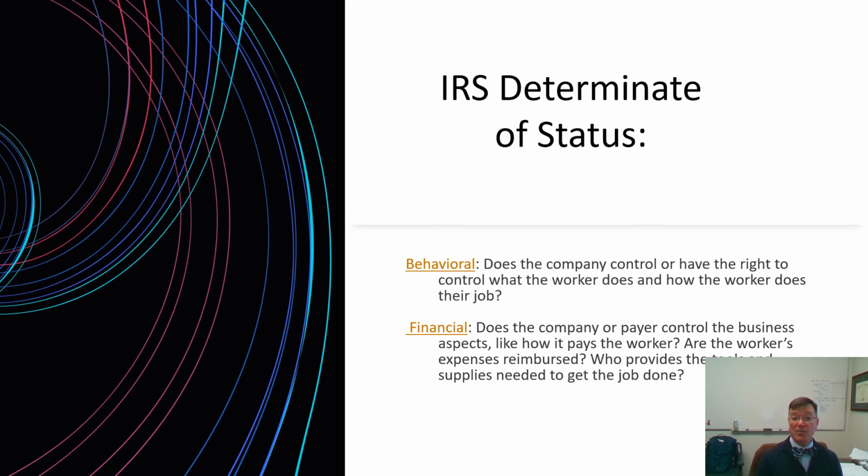Basically, they determine how much control over what you do your employer has. Do they control when you work, how long you work, what days you work, how they're going to pay you, many other aspects of the job? Do they provide all the tools that you use? Is it the only place you work?